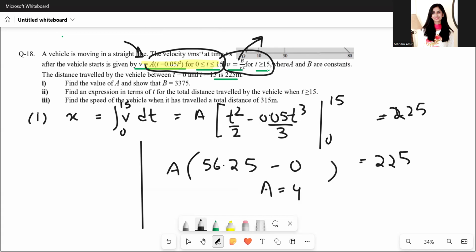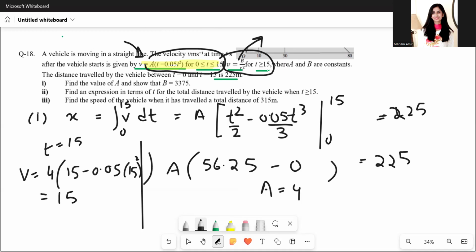Okay, so when time is 15, this is still part 1. When time is 15, from the first equation, v equals a, which is 4, t is 15, minus 0.05 times 15 squared, we get a value of v, which comes out to be 15.